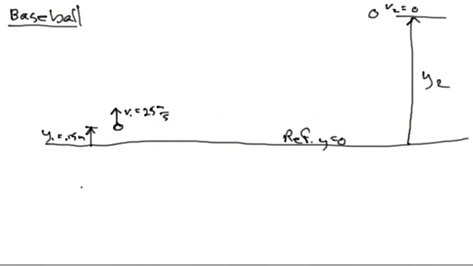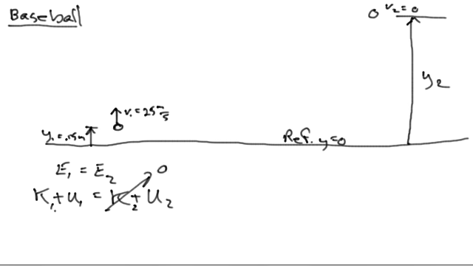So E is equal to E prime, or E1 is equal to E2. I'm using 2's for after and 1's for before. So I got K plus U in the before picture is equal to K plus U in the after picture. Kinetic energy is 0 in the after picture.